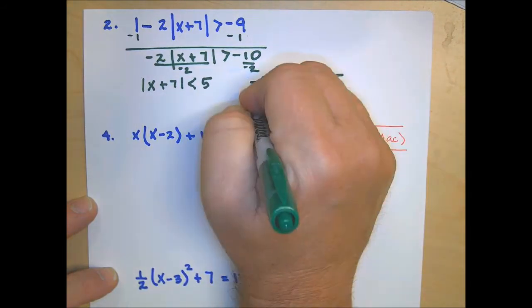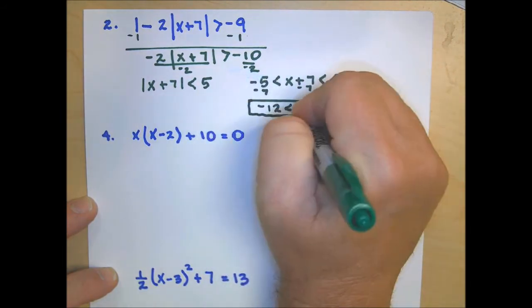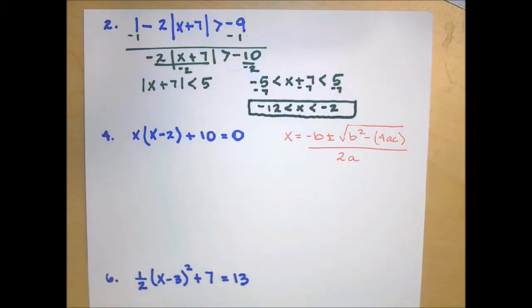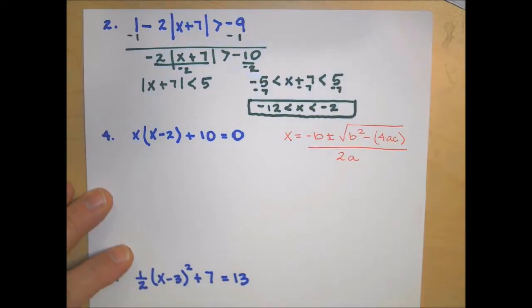Which means my solution is a bounded region. All the values between negative 12 and negative 2 act as my solution. So if they wanted a graph of that, it's going to look like this.